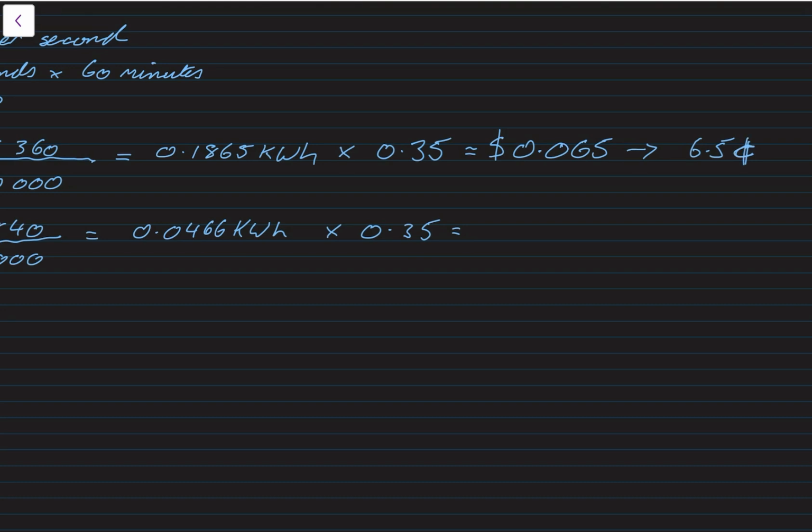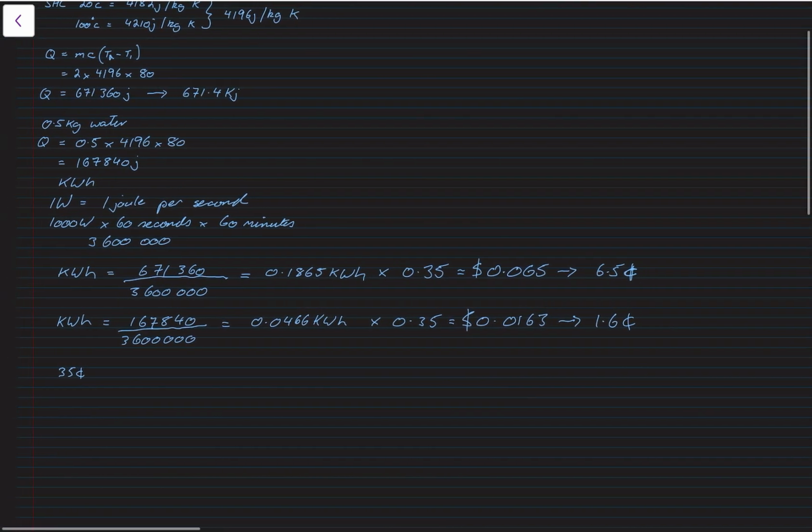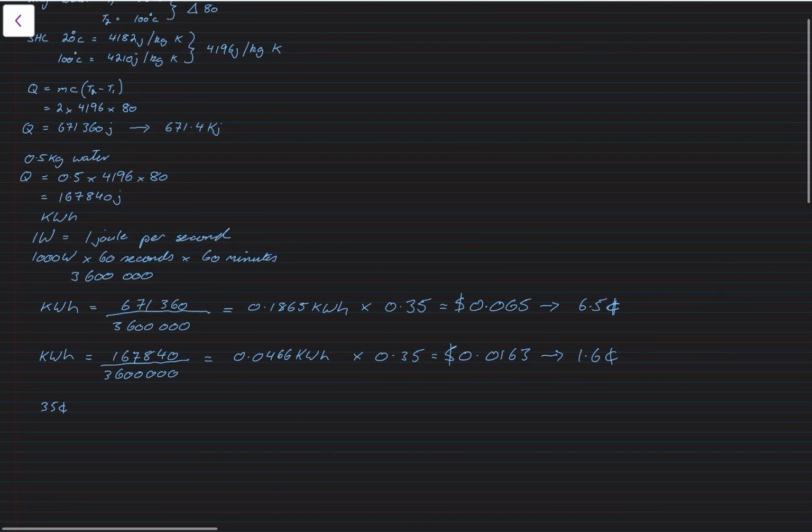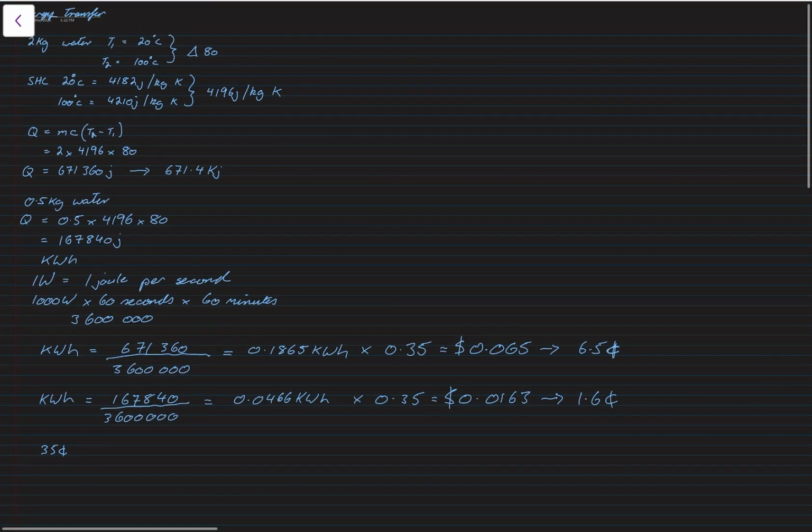And this one is 0.0163 dollars, or 1.6 cents. So you can see the difference there in what it costs. It's almost 4 times more expensive when you're trying to boil a full jug of water as opposed to just boiling what you need. I hope this helps.